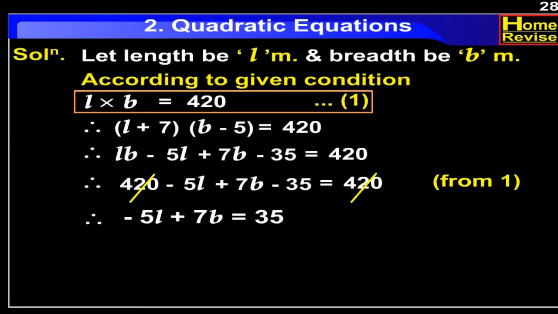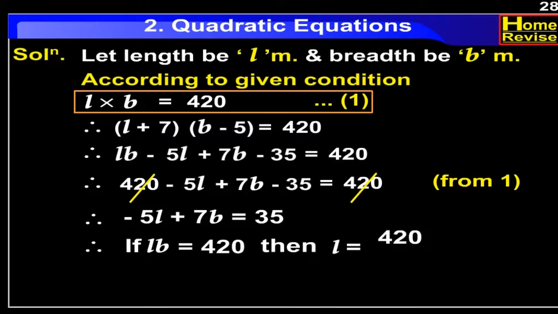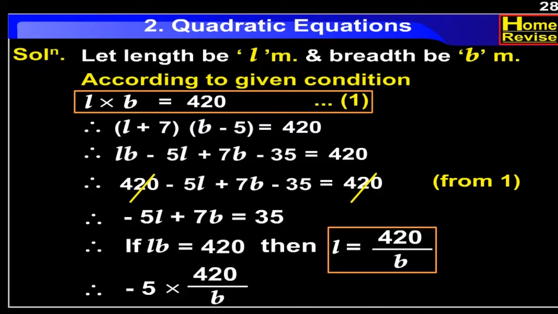Also, from equation 1, we can derive the value for length. That is, if LB is equal to 420, then L is equal to 420 divided by B. Using this value of L, we get minus 5 into 420 upon B plus 7B is equal to 35.